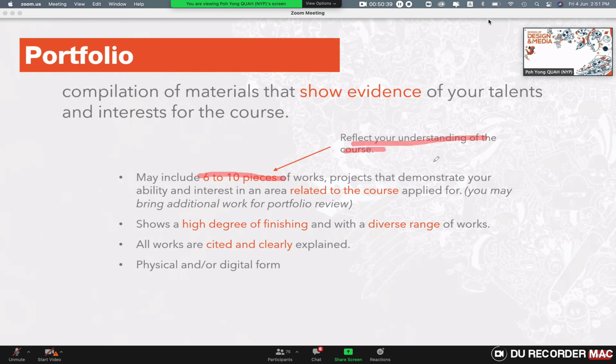All right, so if you are an architecture student, then the architecture course will require you to do something that is more related to architecture. So we want you to curate your work so that we know whether you understand the course or otherwise.